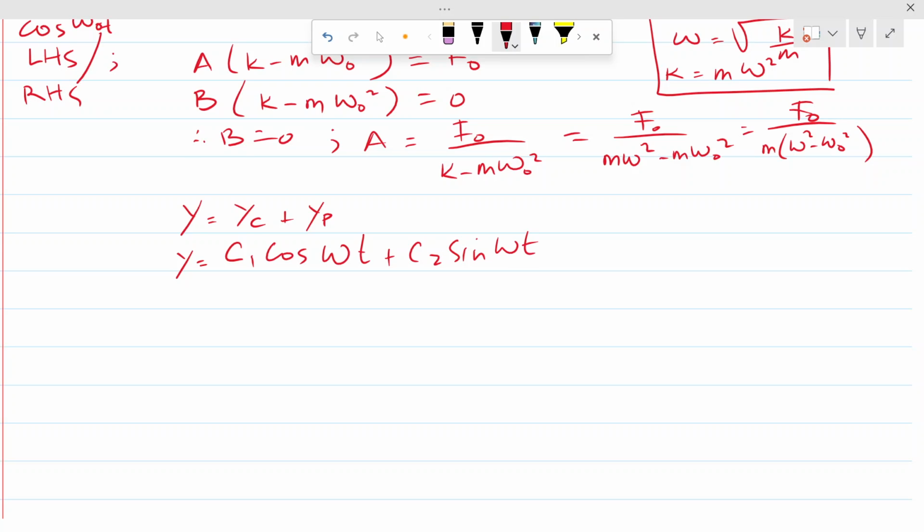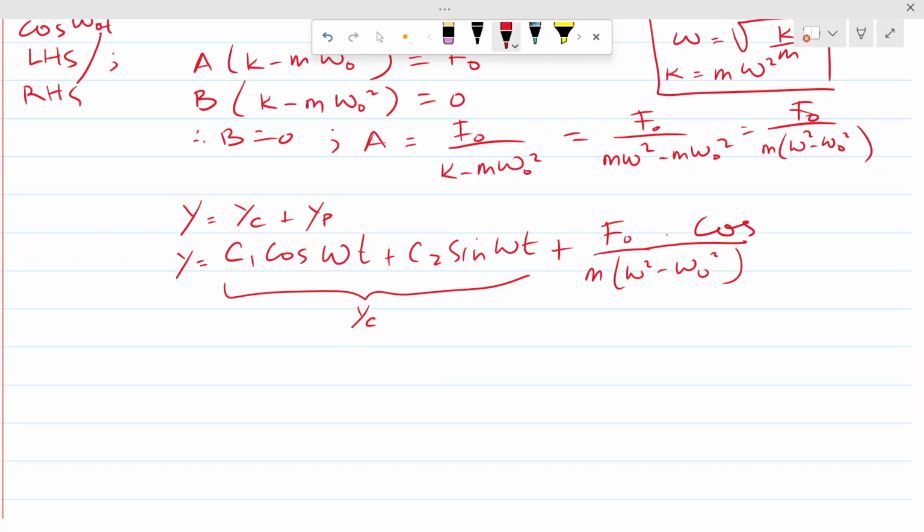So c1 cos wt plus c2 sin wt, this is yc, plus the yp part, which equals f naught over m times omega square minus omega naught square, times cos w naught t, which is the yp part.